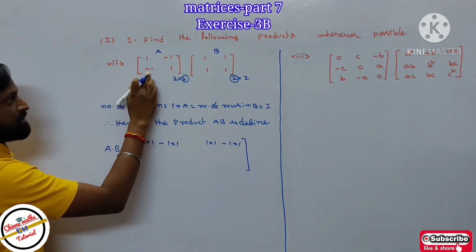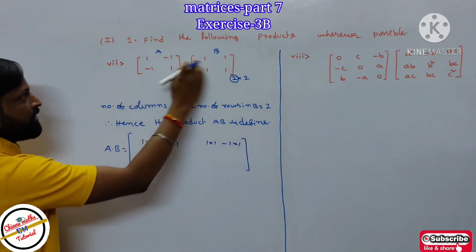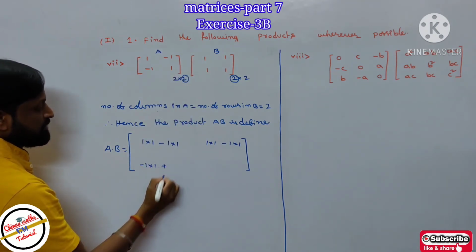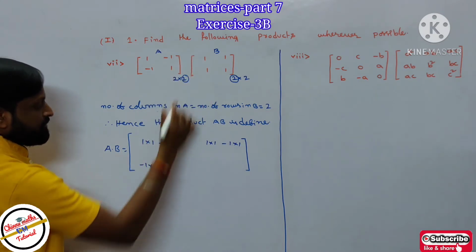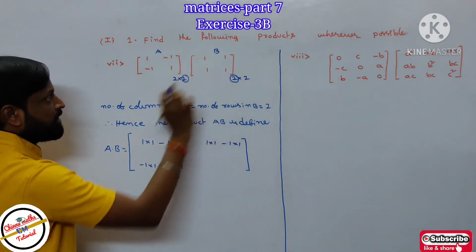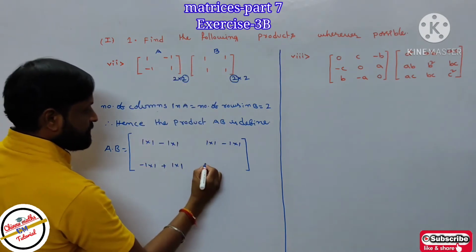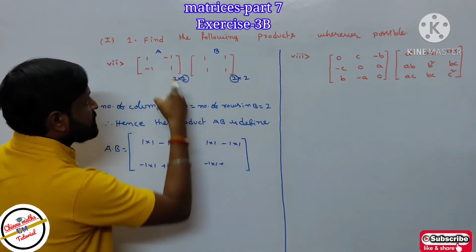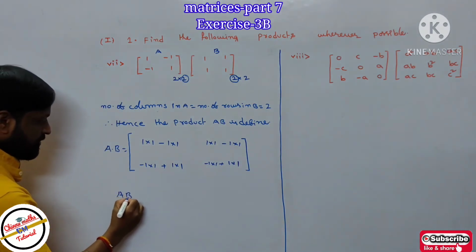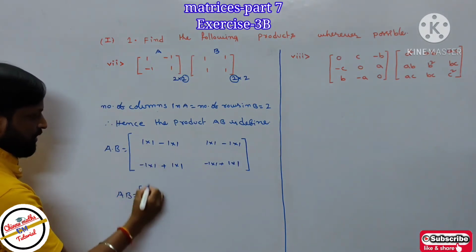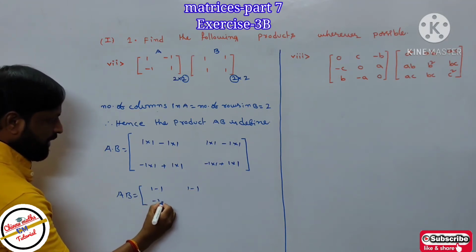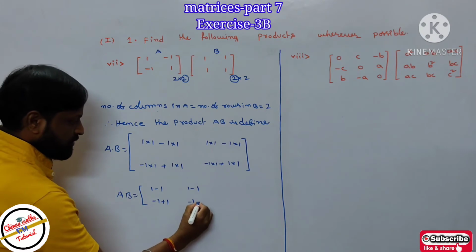Next second row and first column, minus 1 into 1 plus again 1 into 1. Next second row and second column, minus 1 into 1 plus 1 into 1. So then the product AB equals 1 minus 1, 1 minus 1, minus 1 plus 1, minus 1 plus 1.